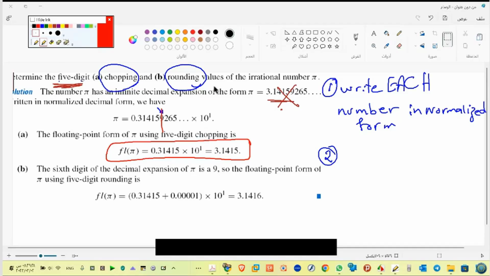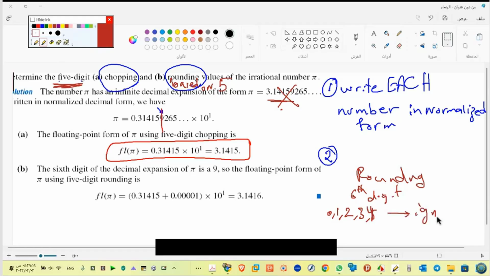Now, rounding is another thing. Rounding here is based on 5. What does that mean? For rounding, if the digit, in our example the sixth digit, is 0, 1, 2, 3, or 4, what do I have to do?